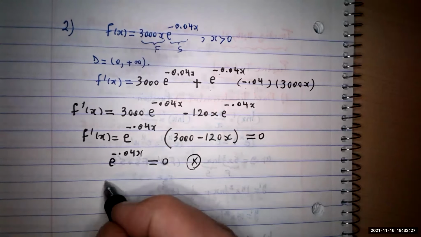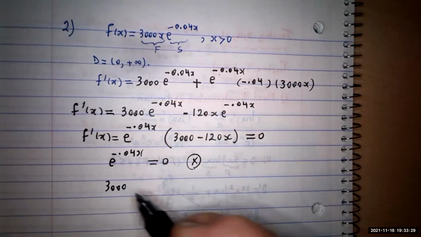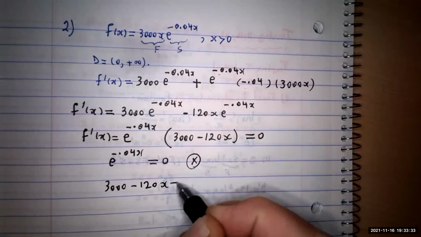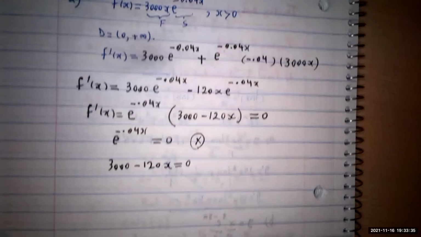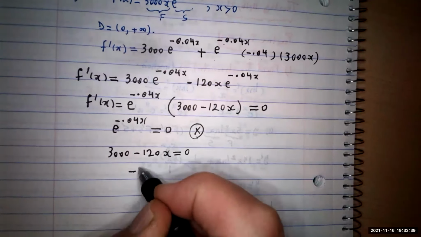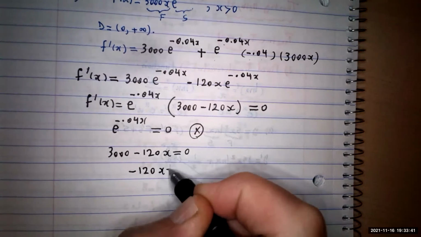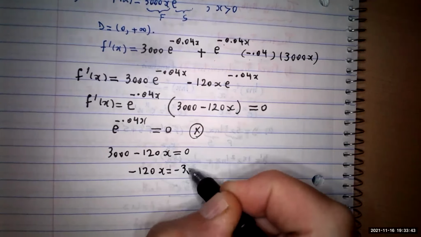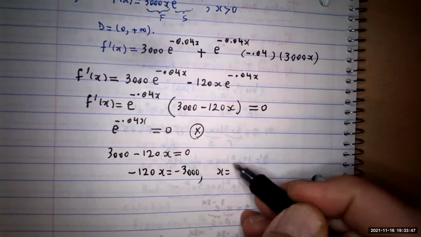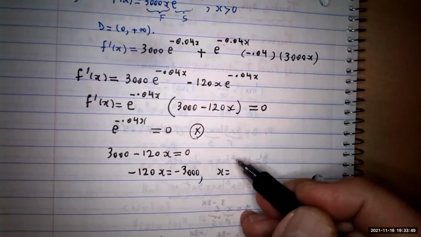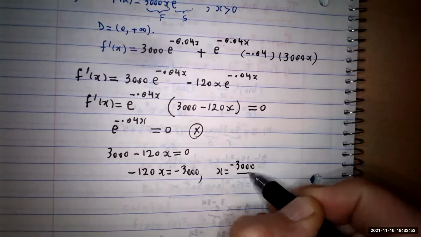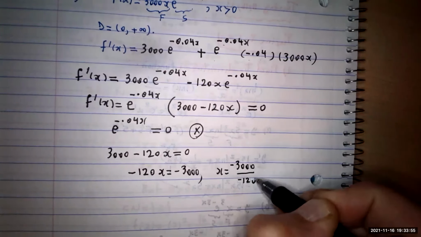But if you let the second one be equal to 0, see the second one, you solve for x nicely, and that gives you your critical number. Okay, it's going to be negative 120x equal to negative 3000. So your x would be 3000 over 120. Okay, negative 3000 over negative 120.